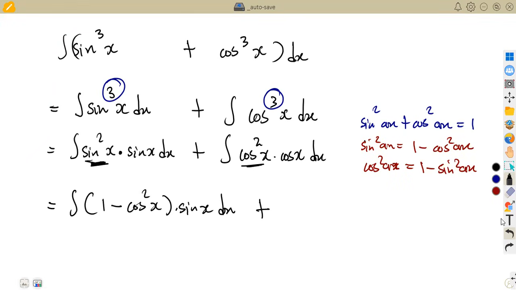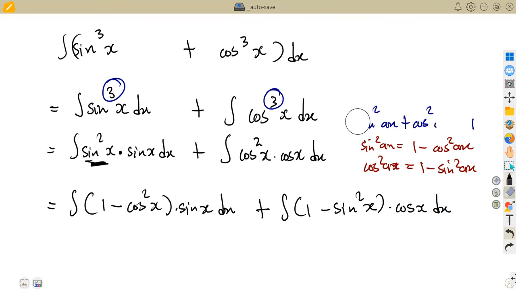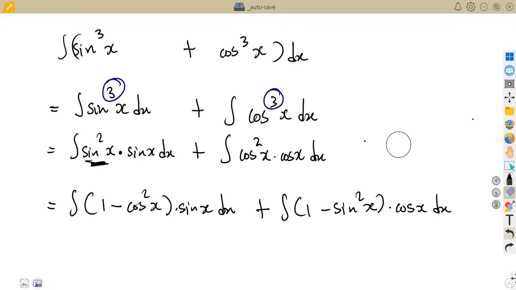Plus, you do the same thing here: cos squared is the same as 1 minus sine squared, so that's 1 minus sine squared x times cos x, which is outside, with respect to x. Okay, this is where we are. We have used these identities, so they are no longer important. Let me just remove this part.